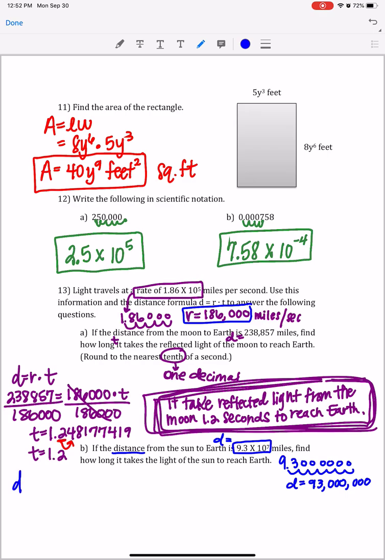So D equals R times T. Here is my distance, 93 million, equals my rate times my time. So divide this over again.